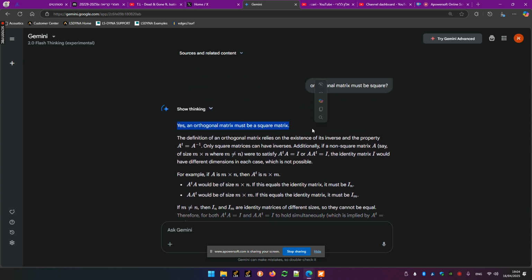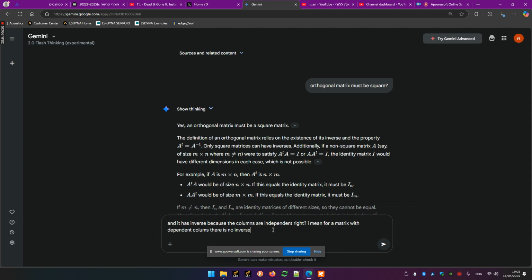I should have told you that orthogonal matrix must be a square matrix, because only for a square matrix with the definition that, and I must say that, it has an inverse because the columns are independent, right? I mean, for a matrix with dependent columns, there is no inverse, right?